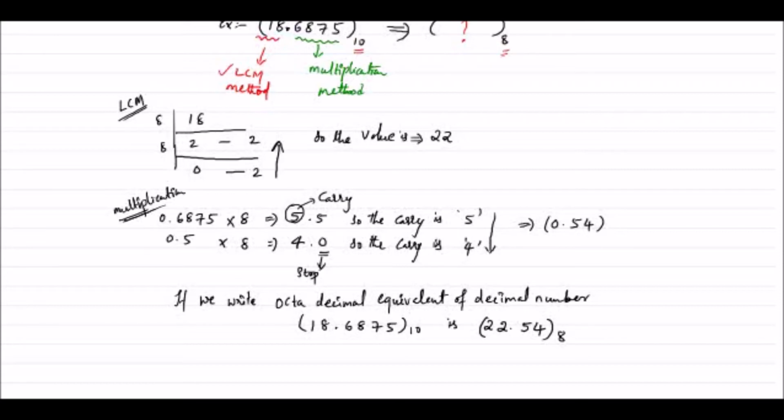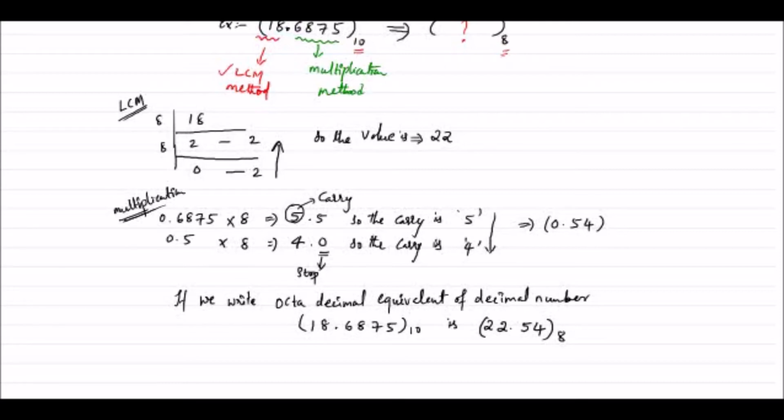So I am coming to this decimal value, which is 0.6875. So what I will do is multiply it with the octal radix value 8. Once I multiply 0.6875 into 8, I will get a value of 5.5. So this 5 will be the carry.